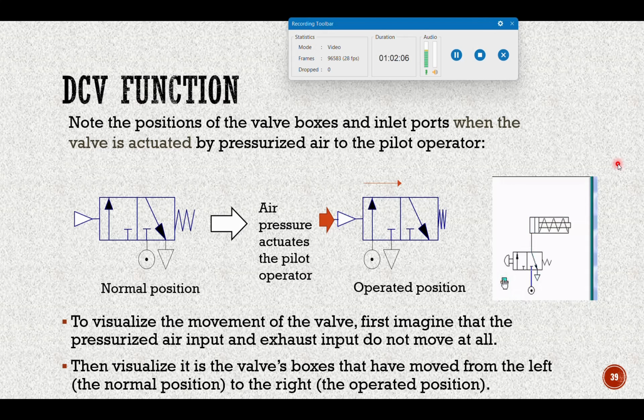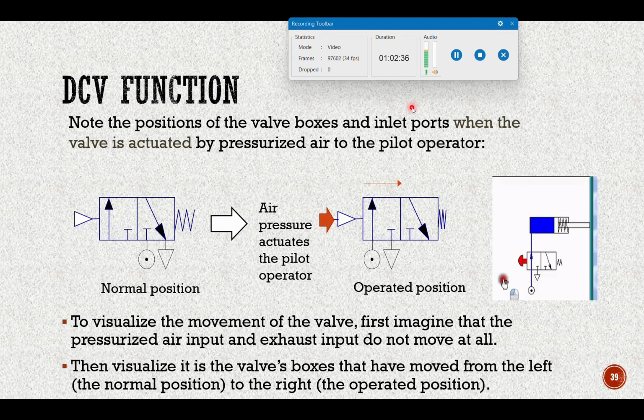So the position of the valve box and inlet ports when the valve is actuated by pressurized air to the operator. You see this one. So once you push, it moves. That's how you could help yourself to visualize the movement of the valve.